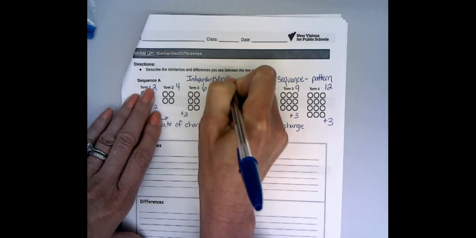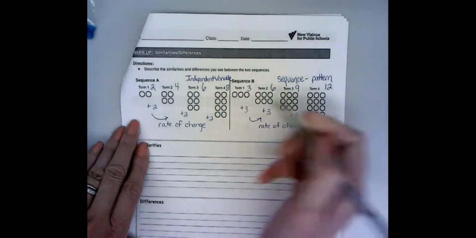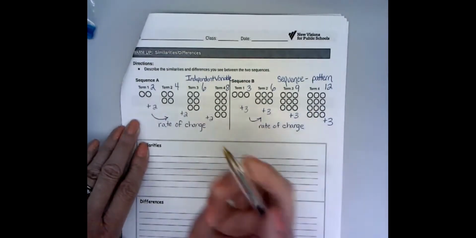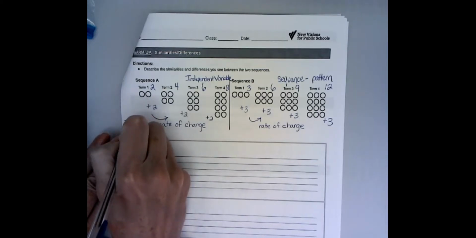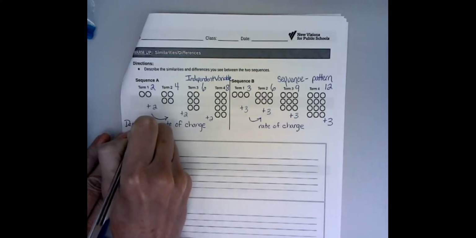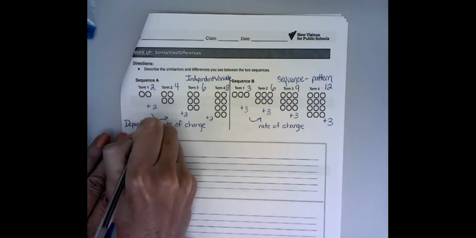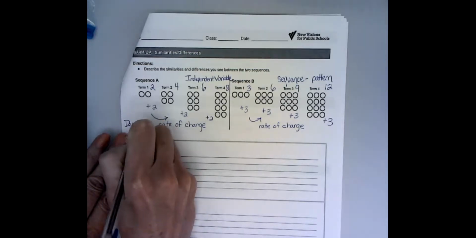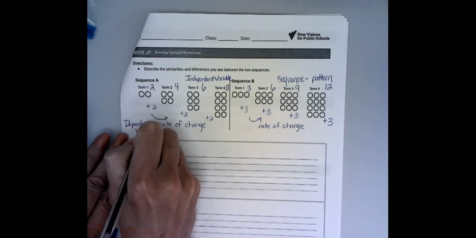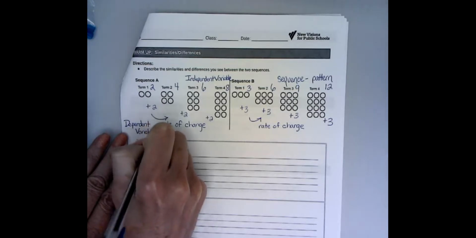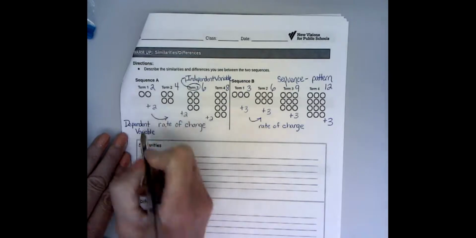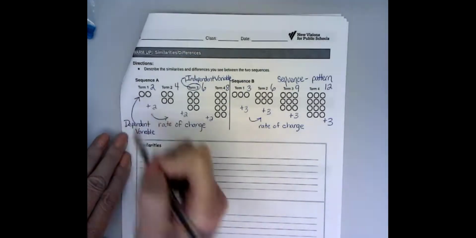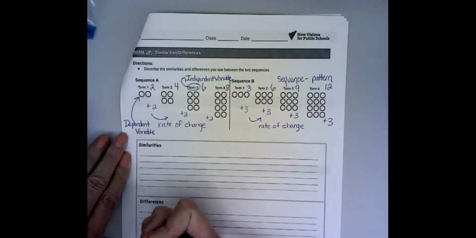It's what I can change. I can change the terms. And then the results, what are the numbers in the pattern? That's what we call the dependent variable. So the terms were the independent variable, and the number of circles, the dependent variable.